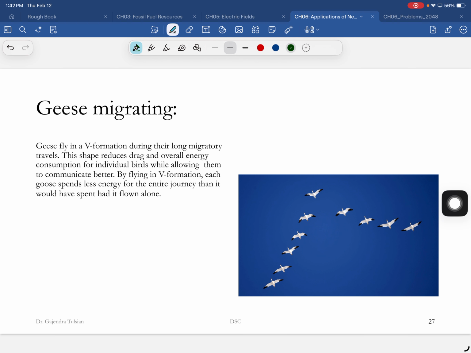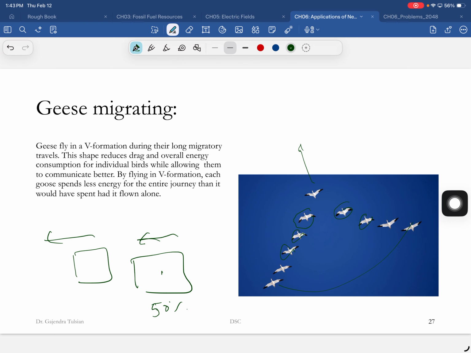So if you draft at the right distance and place, this guy can use as much as 50% less energy. That's what's going on here. So when they fly in formation like this, all these guys are using less energy.